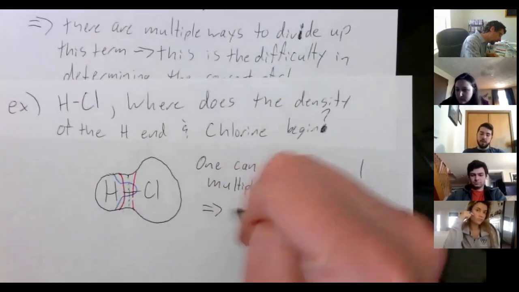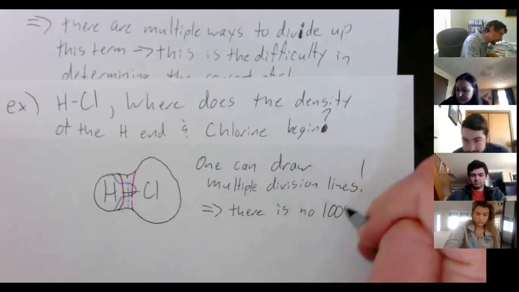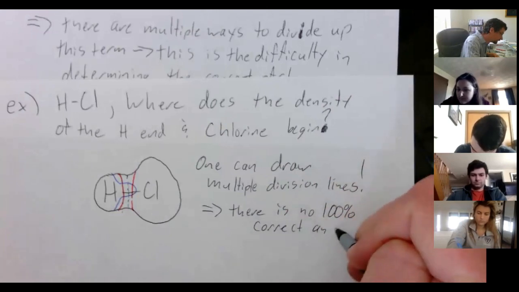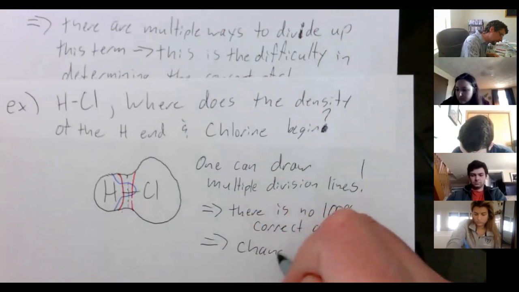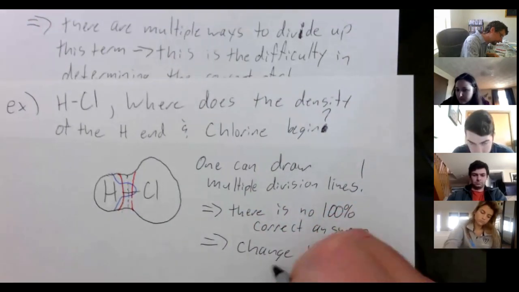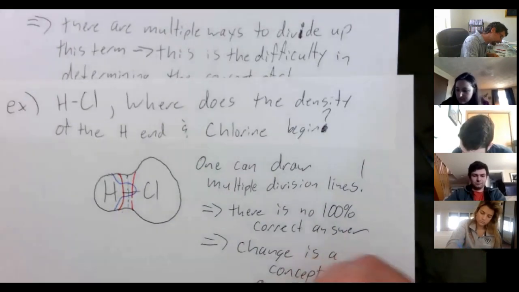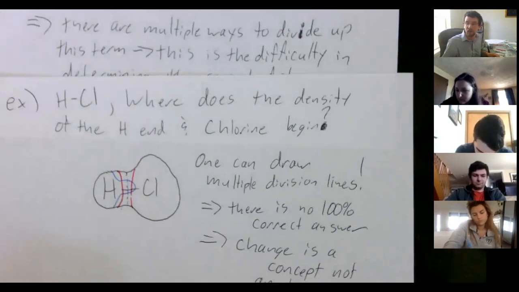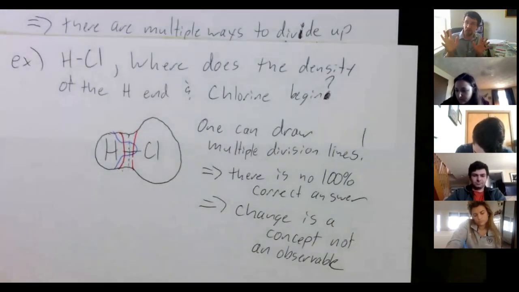So there is no 100% correct answer. And this is actually why charge is a concept, not an observable. We can't get a true value for a charge. We just set an arbitrary amount.